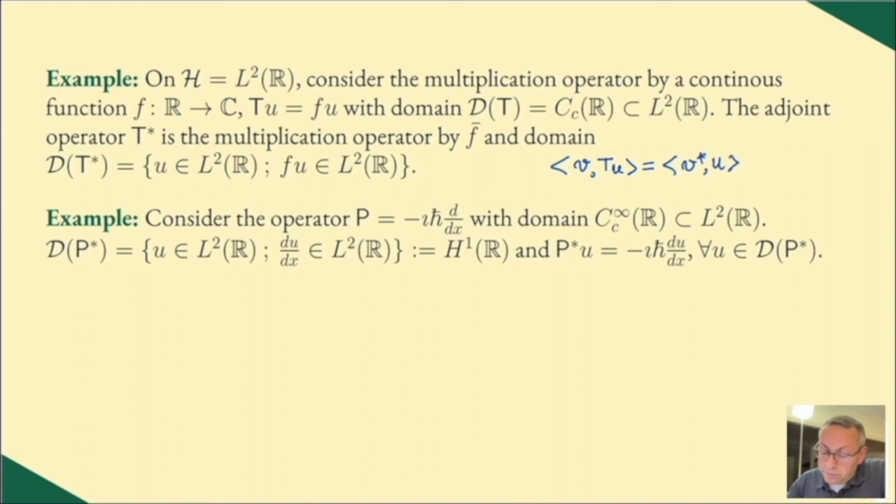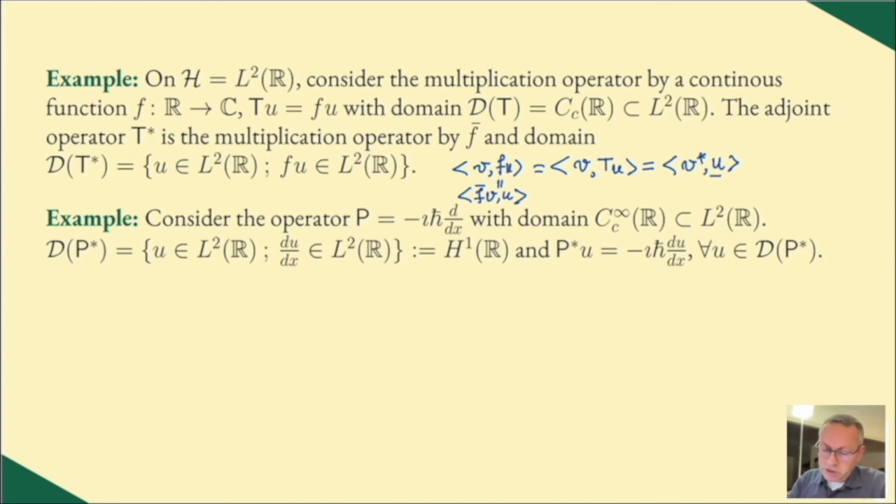But Tu is simply multiplication by f. So this is v f u. And then I can pass f on the other side, but I need to put a complex conjugate. So I have this.